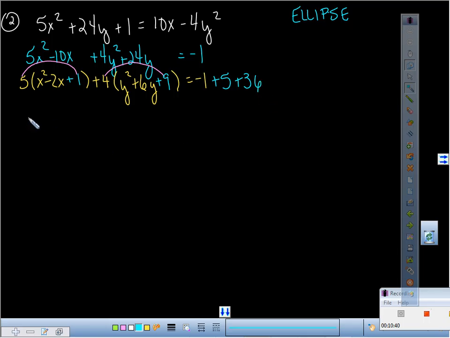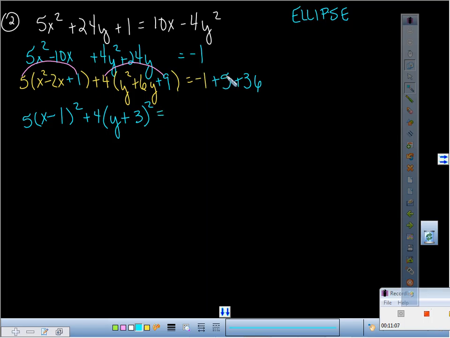Okay, so this is going to be 5 times a quantity squared. Square root of the first, keep the sign, square root of the last, quantity squared. Plus 4 times square root of the first, keep the sign, square root of the last, quantity squared.